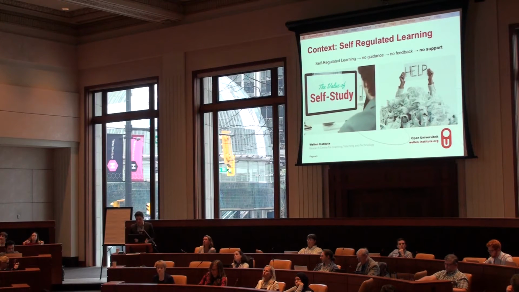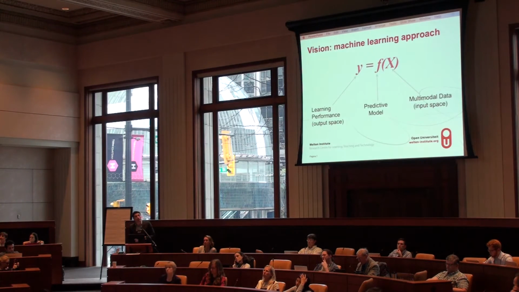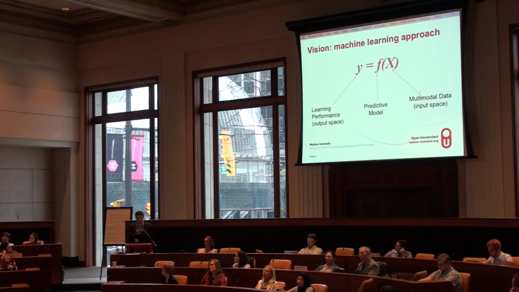So in this context, we are proposing an approach which is somehow inherited from machine learning. This is a little bit of a vision because it has, of course, several limitations.